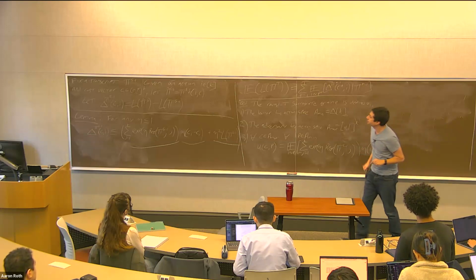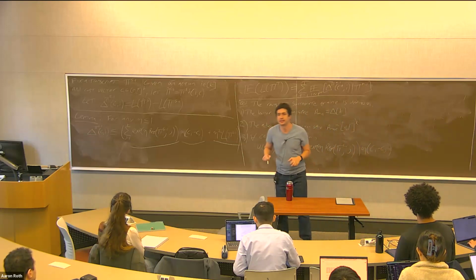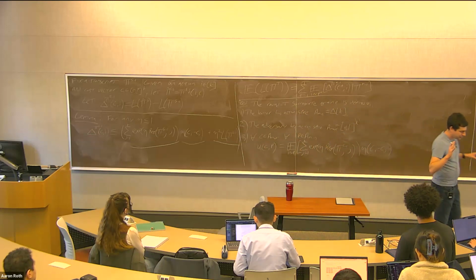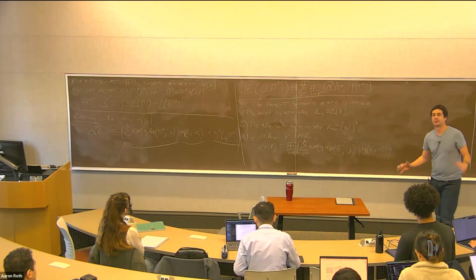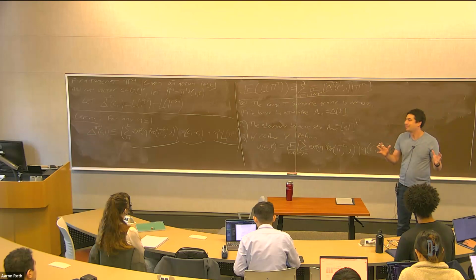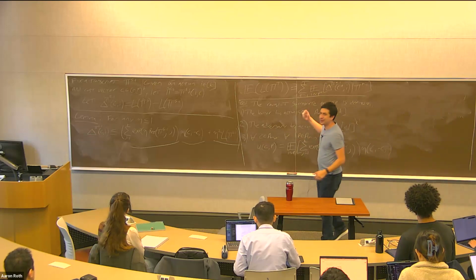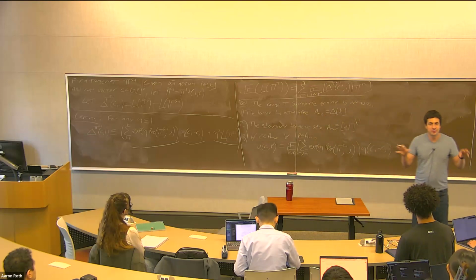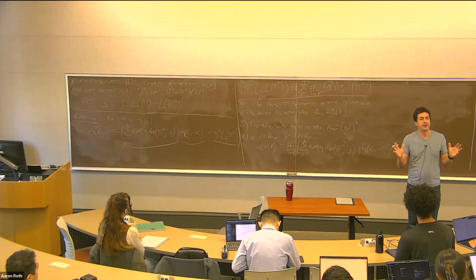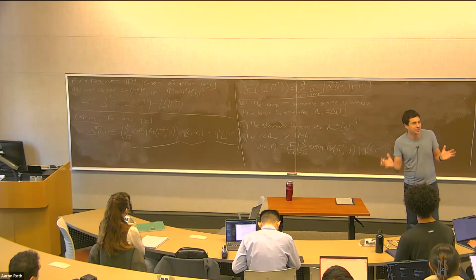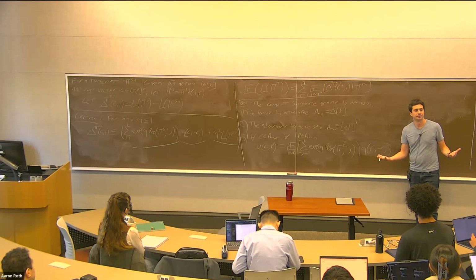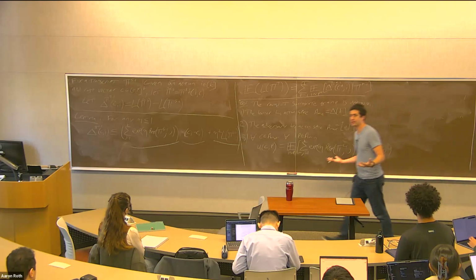But in fact, because we arranged things so that we are not playing a min-max game over all of algorithm space, we're just playing a small min-max game where the learner has k actions, it's actually going to be pretty easy for us to get our hands on what this equilibrium strategy looks like. So we'll actually have a concrete algorithm at the end of this. Okay, so we'll do that next time.